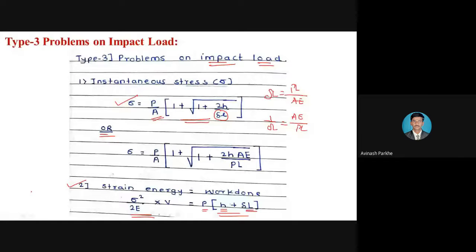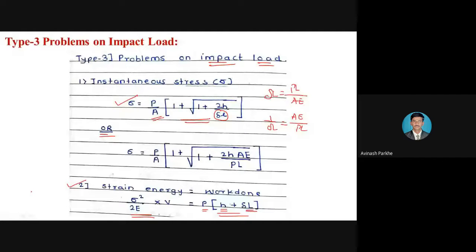There is a certain distance, and that distance is called a height. If the height is present between that component and the movable load, then that height is represented by the capital H. Then we can say that those numericals we have to solve by using the concept of type number 3 related to the impact load.